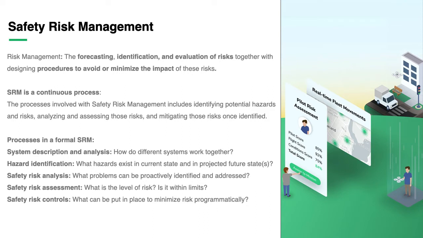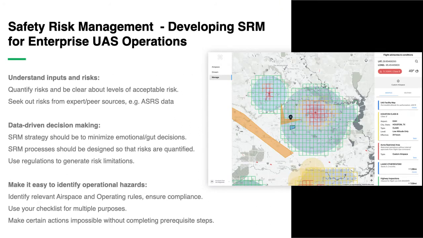So what does this mean in practice? If you were thinking of developing some safety risk management principles for your enterprise drone program, this is what you should be thinking about. It's important to understand the inputs and the risks of your operation. So the most important part of this is that you need to be able to quantify your risks whenever possible and be clear about what your level of acceptable risk is.